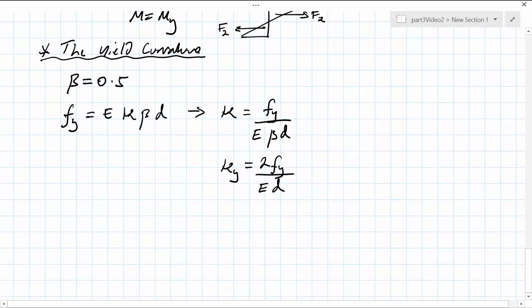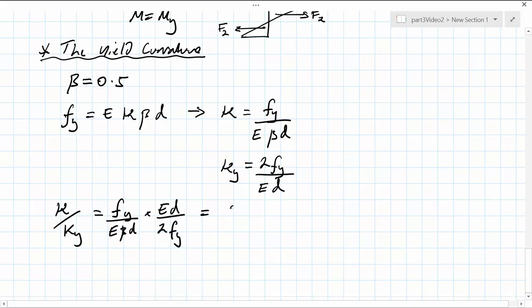Normalizing our generalized expression for curvature, kappa, by the yield curvature gives kappa over kappa y equal to Fy over E beta d times by Ed over 2 Fy, and that equals 0.5 over the yield penetration.